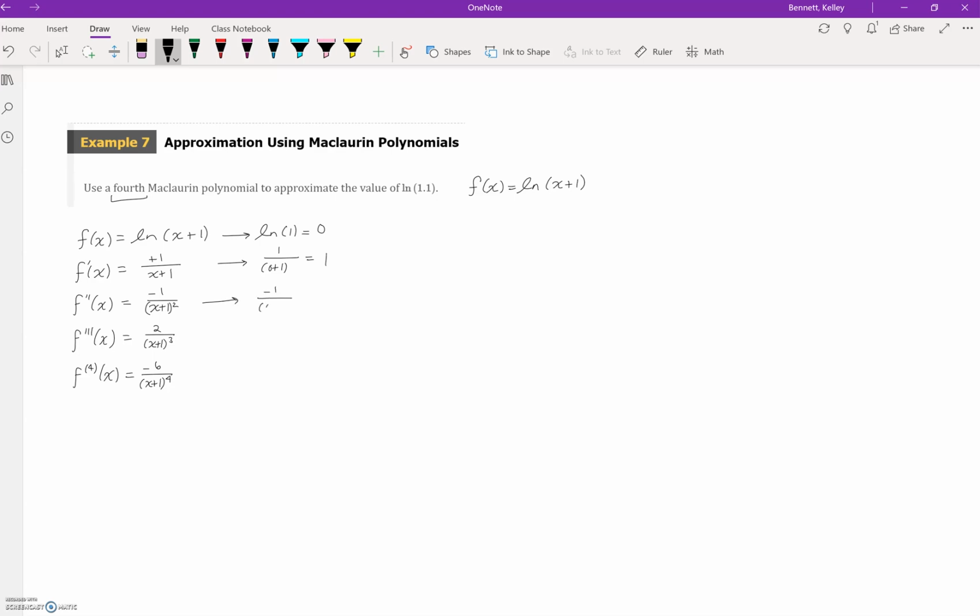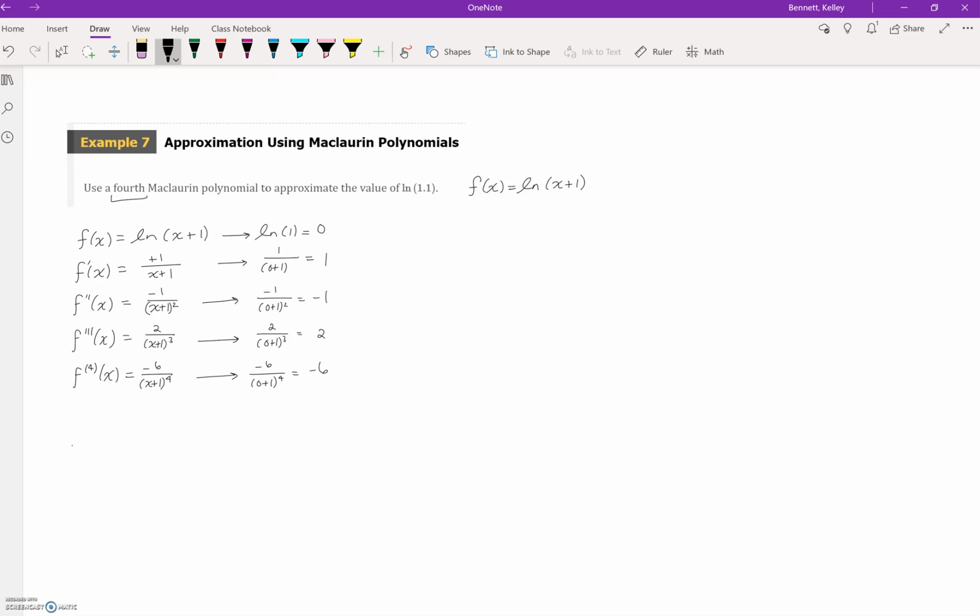Negative 1 over 0 plus 1 squared. 2 over 0 plus 1 cubed. And negative 6 over 0 plus 1 to the 4th power. So we have all of the values we need in order to put the 4th degree Maclaurin polynomial together.